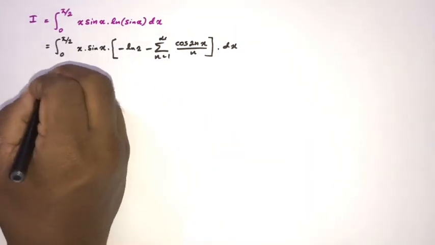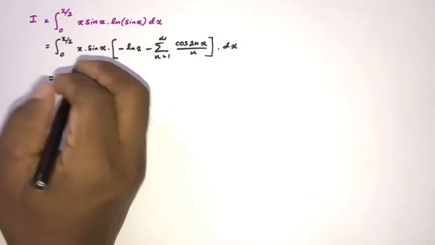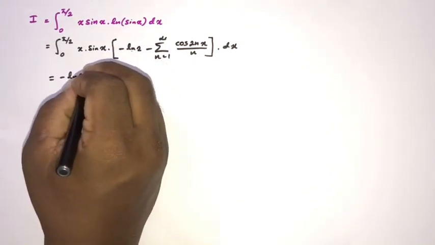Okay, now we can break our integral into two different integrals. Minus natural log of 2 is a constant, so we can write it outside of the integral sign.